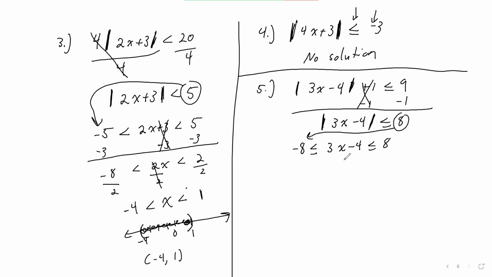Add 4. All of it. So negative 8 plus 4. And then 8 plus 4. 12. Very good.